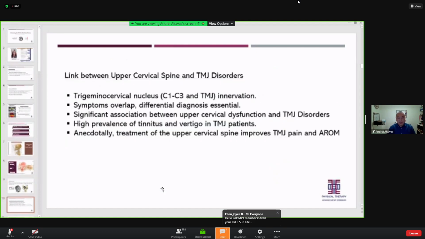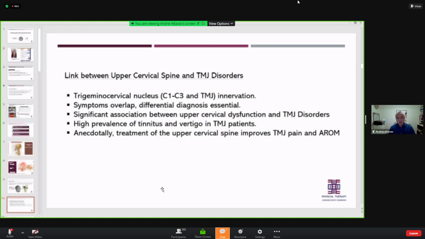We also want to recognize the link between the upper cervical spine and the TMJ. You have the trigeminocervical nucleus, C1 to 3, and the TMJ innervation. They all share the same innervation, and symptoms can overlap, and differential diagnosis is very essential for this.